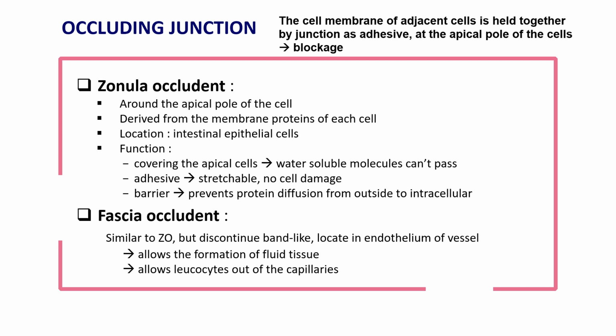Zonula occludens surrounds the apical pole of the cell and is derived from the membrane proteins of each cell. The zonula occludens can be found in the intestinal epithelial cells. Its function is sealing the apical cell so that water-soluble molecules cannot pass between the adjacent cells.